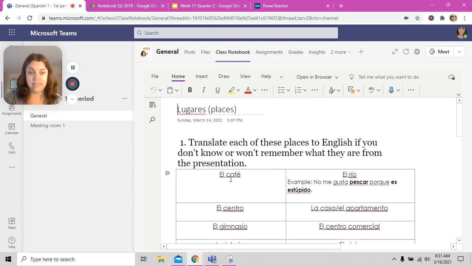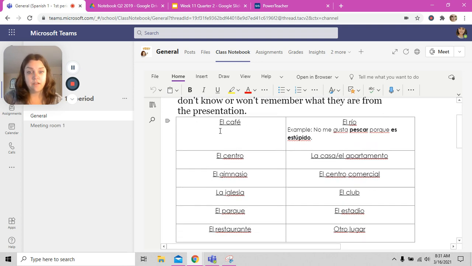For example, at the cafe, a reasonable thing you would do is maybe drink coffee. You would definitely drink coffee at the cafe. You probably wouldn't drink coffee downtown, maybe. I really do not think you would drink coffee at the gym. Not a logical place, all right?